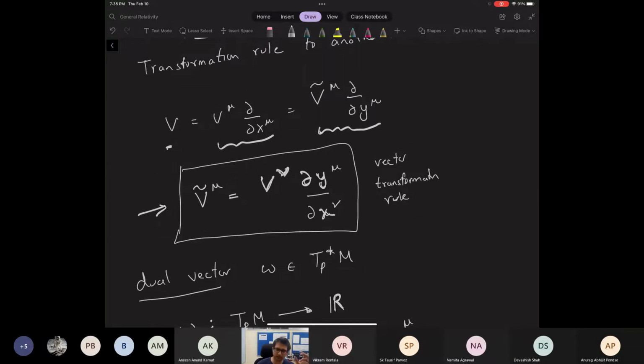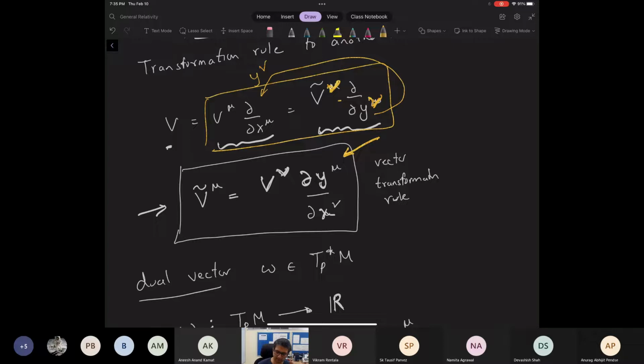As a simple rule of thumb, just imagine moving this y mu up here and writing it as y nu, changing the dummy index, so this becomes V mu partial y nu partial x nu. You can imagine just moving this y over here.